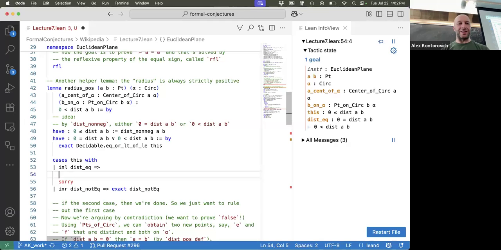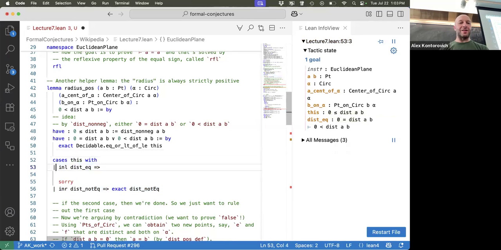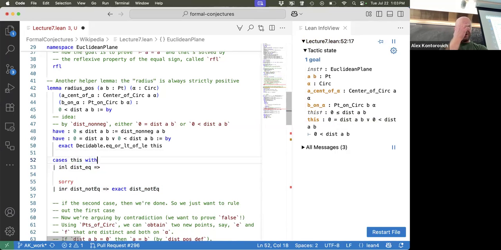Okay, so the syntax, let's just record the syntax. There's a nicer way to break this up, and I just don't remember what it is off the top of my head. What I would do is ask an LLM what the right syntax is. But instead, we're going to follow the proper Lean syntax, which is cases this, it says we're going to break up into the two cases.